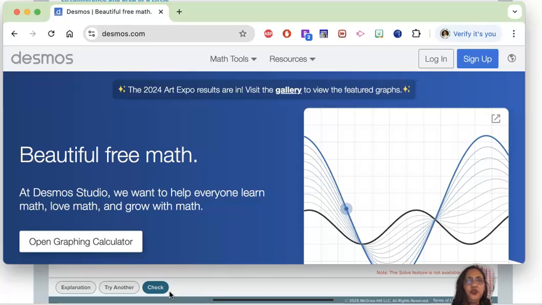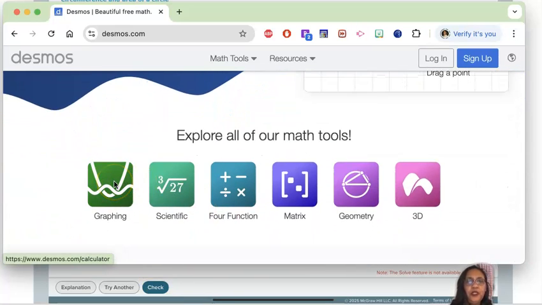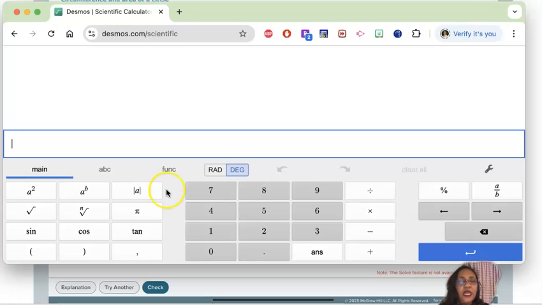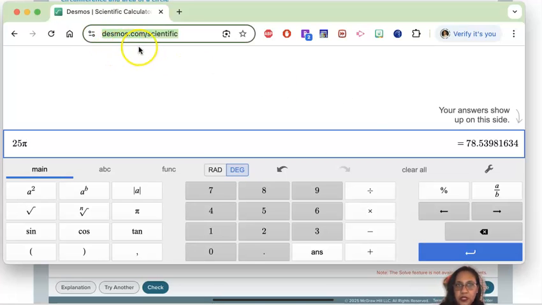And I just wanted to show you a really powerful online calculator. It's free. The graphing calculator and scientific calculator are very similar, but I'm going to just use the scientific calculator right now. So if you wanted to figure out the approximation, you type 25 times pi, and the wonderful thing that Desmos does, and you can see the web address right up here, desmos.com/scientific, is it calculates it without you even clicking enter.